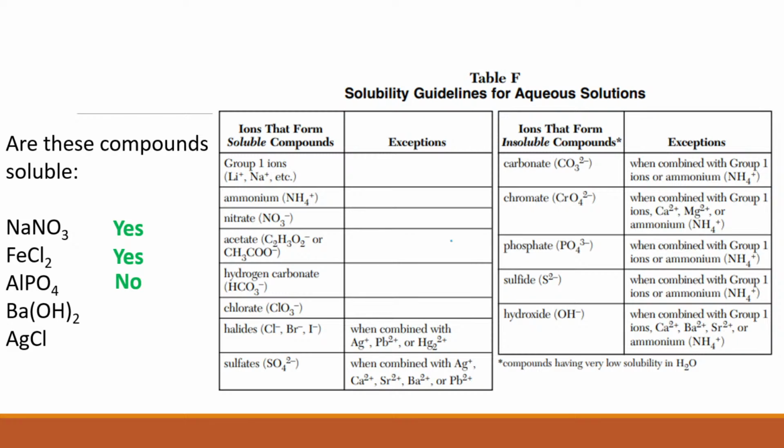When we look, phosphate shows up over here on the side of the table. It is normally insoluble. Aluminum is not one of the listed exceptions, and so it will do what it normally does, which is be insoluble.